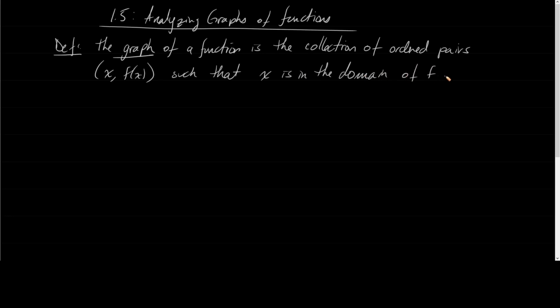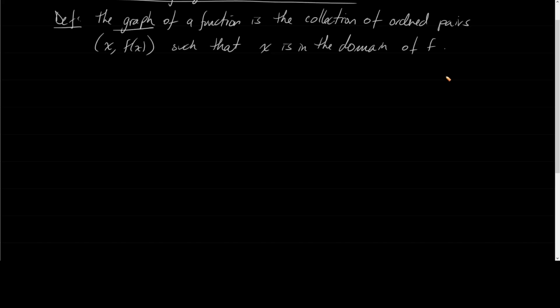All right. So what we're saying here is that the graph is just the actual points, all the coordinates all put together. All right. So let's do an example here.